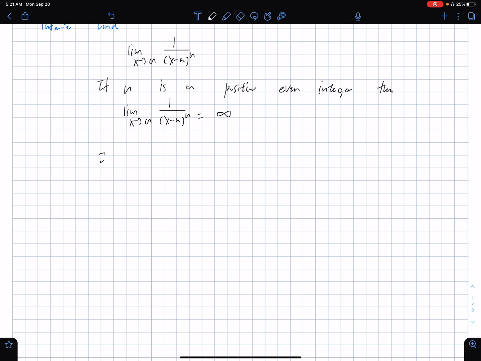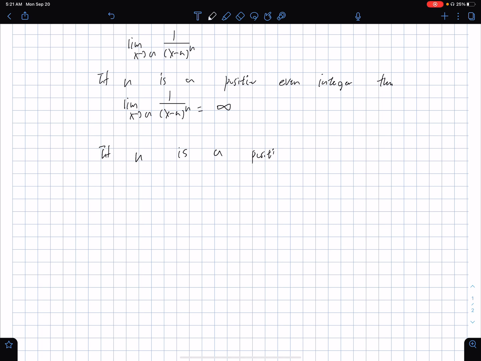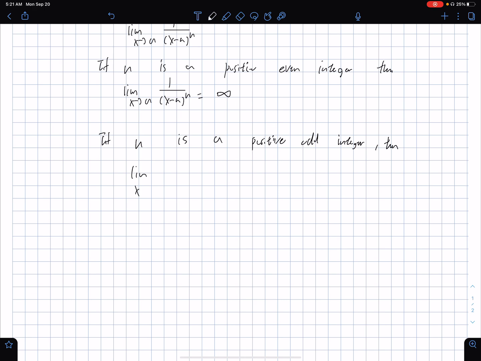But if n is a positive odd integer, then the limit as x approaches a from the right side of this function would be positive infinity, but the limit as x approaches a from the left side of this function is negative infinity.